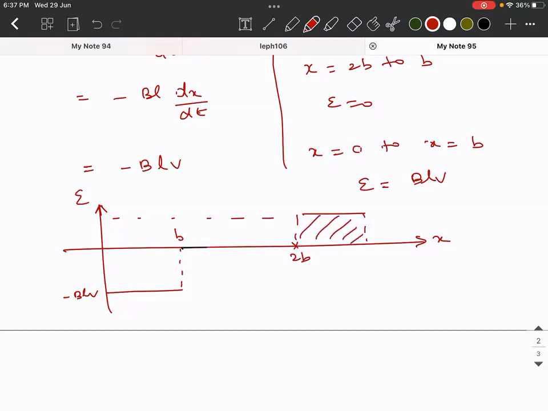So that's why you will have a box kind of thing, where the dotted lines are actually not taken into consideration. They're only to represent the region.